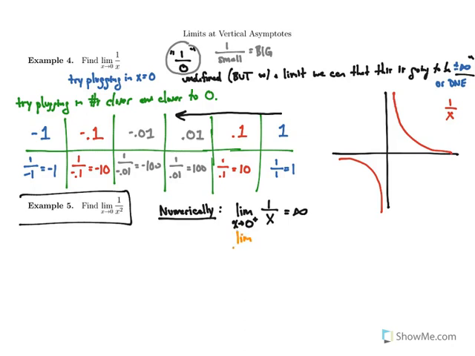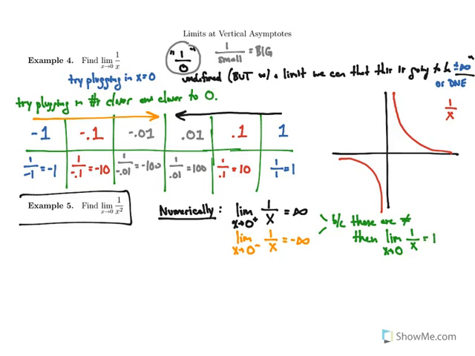The limit on the left is approaching 0 from the other direction, and we can say those numbers are also getting bigger, but with a negative in front of them. So, because these are not equal, then we can answer the question that the limit as x approaches 0 of 1 over x does not exist.